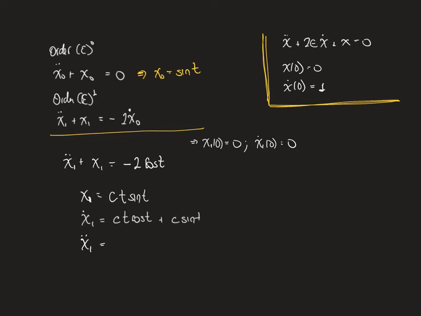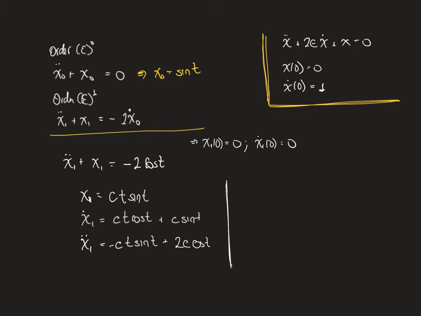This is c t, then minus sine of t plus c cosine of t plus c cosine of t. So this is just 2 cosine of t. Okay, so we can just sum the whole thing here, 2c cosine of t.